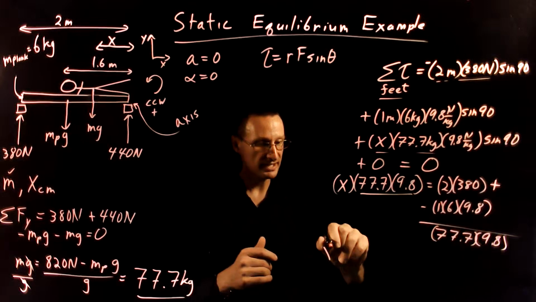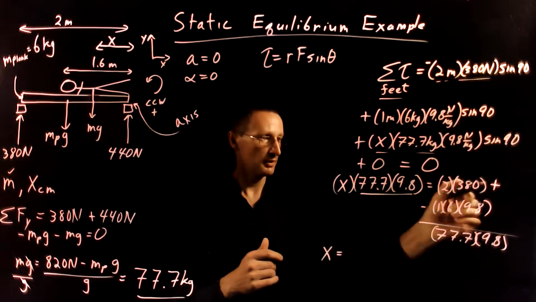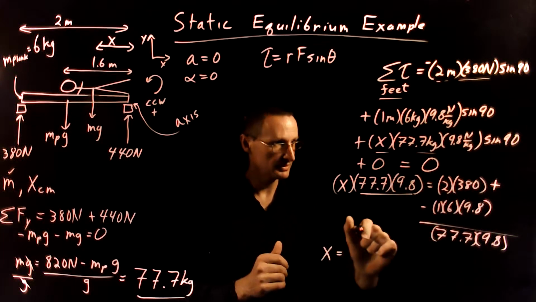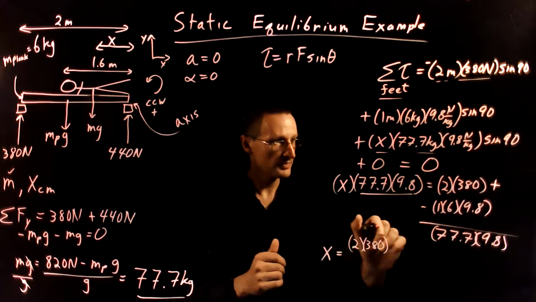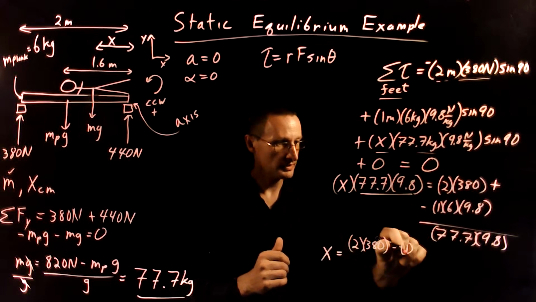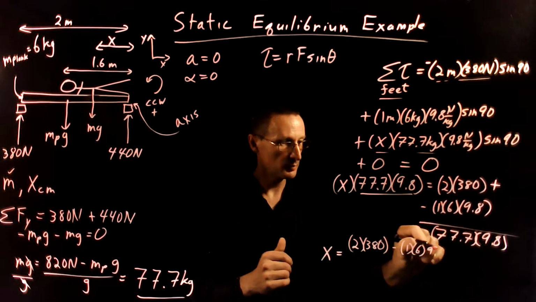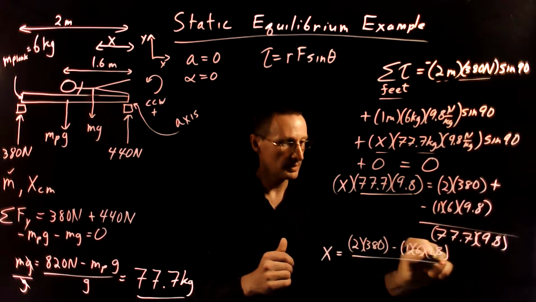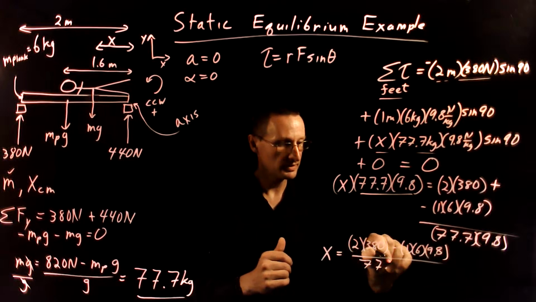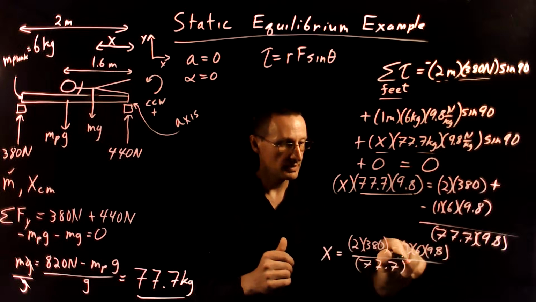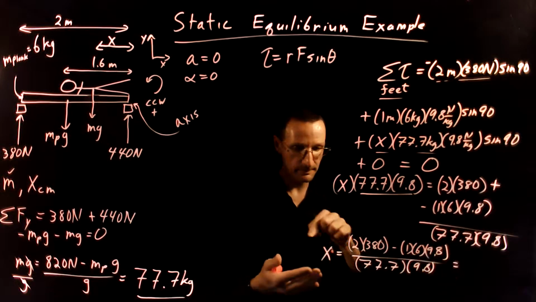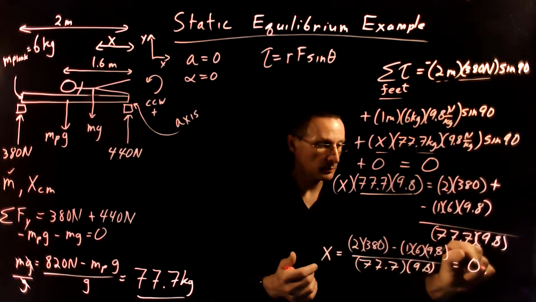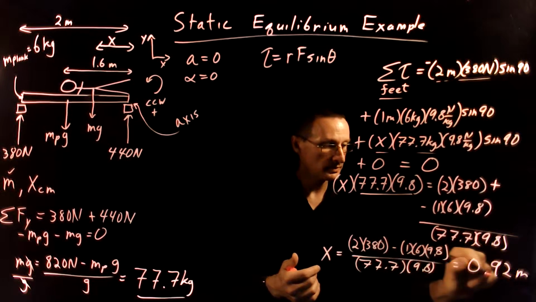That gives us x equals, and I'll write this out so you can see, it's kind of messy: 2 times 380 minus 1 times 6 times 9.8, divided by 77.7 times 9.8. When I punch that into my calculator, I get 0.92 meters.